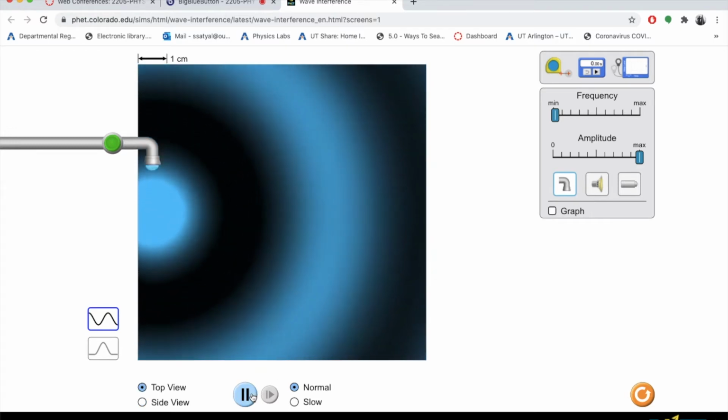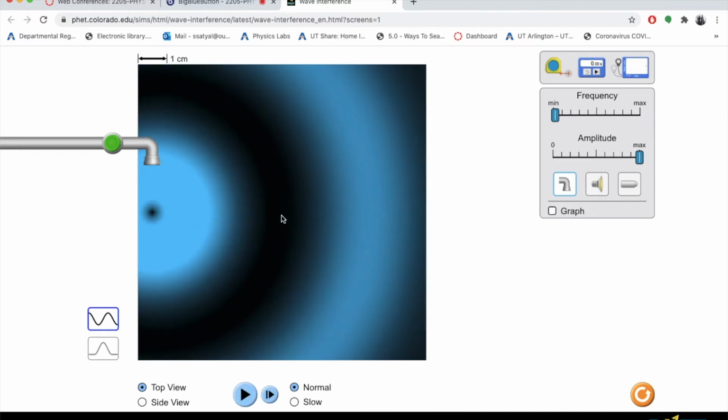So at that instant I'm pausing it here. So this is my crest, this is my trough.